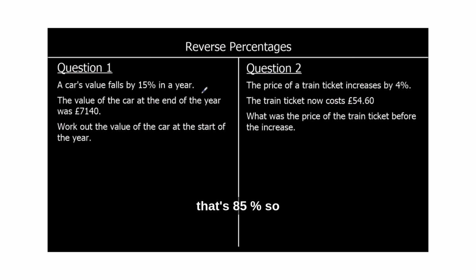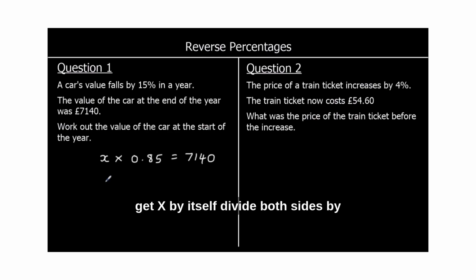So 85% of the original is 7,140. So it's 85%, or as a decimal, 0.85. To get x by itself, divide both sides by 0.85.